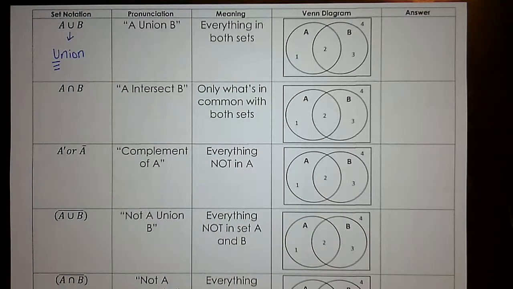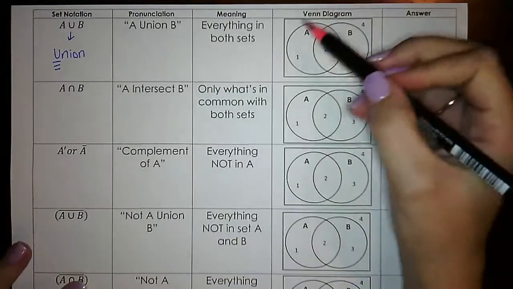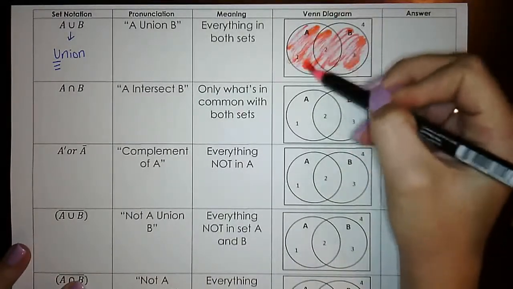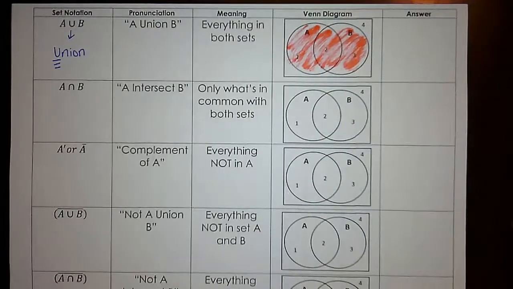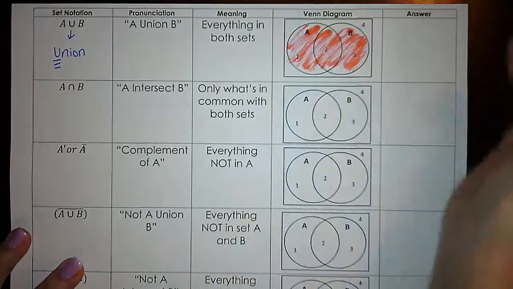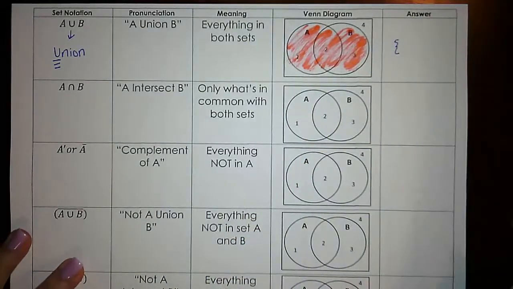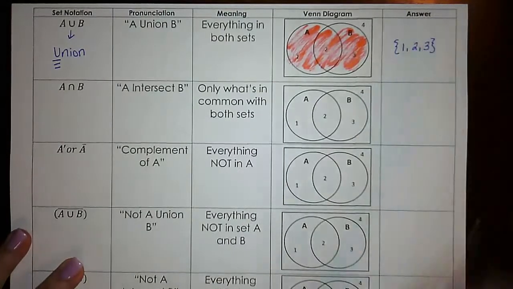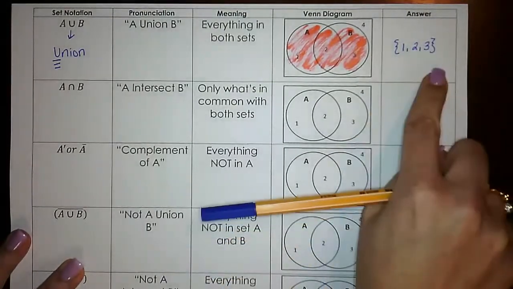It's everything in itself. So we're going to shade everything in A and B. So our solution set to this is 1, 2, 3. And we write it with this little bracket, and then make sure you close it. So this is how you show your answer for this.